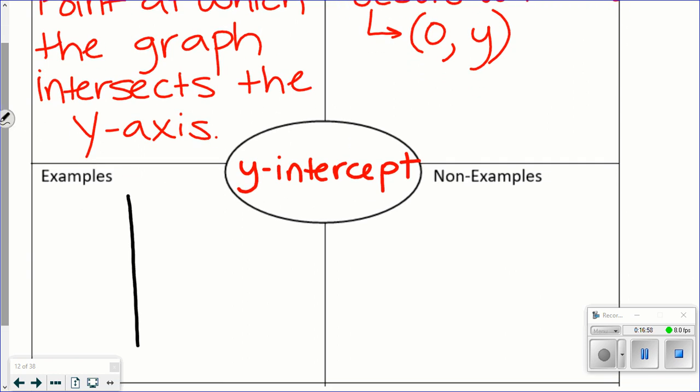So I'm going to draw an x and y axis. I am going to sketch in a line.